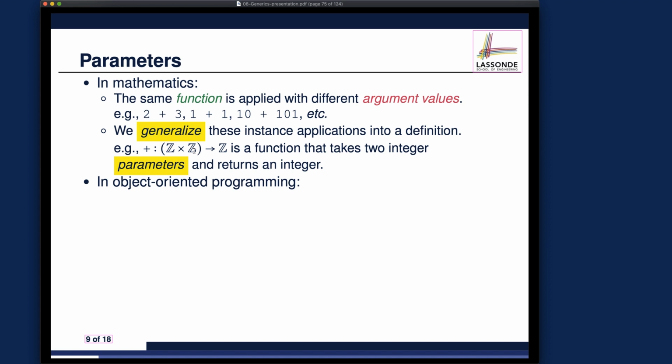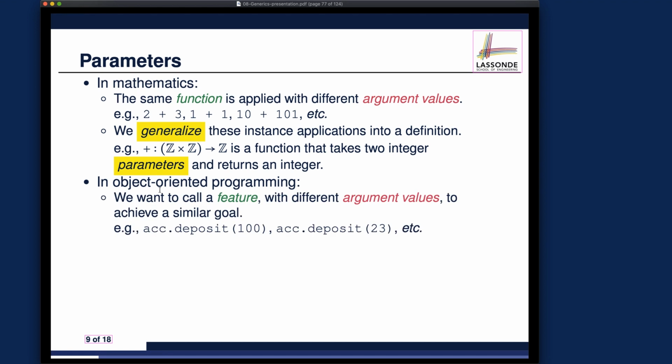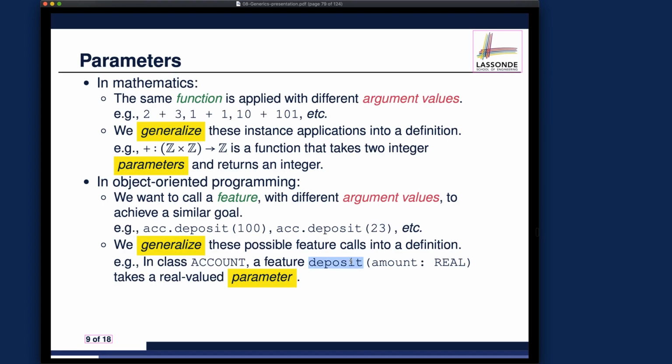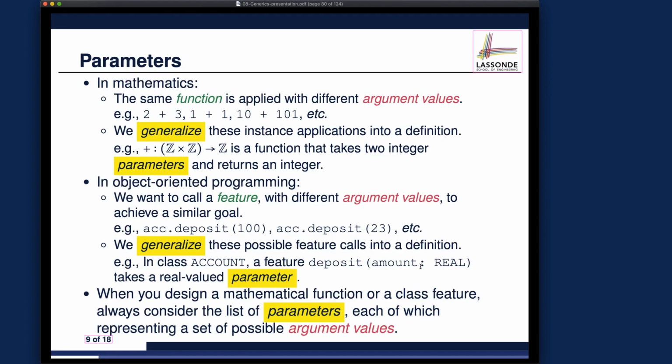Okay, what about in OOP? Let's say you want to support account objects that deposit some value over here and also another value over here. You can generalize these argument values into parameters. For example, every time I call deposit, there should be a parameter called amount. The similar idea applies when we talk about generic classes.